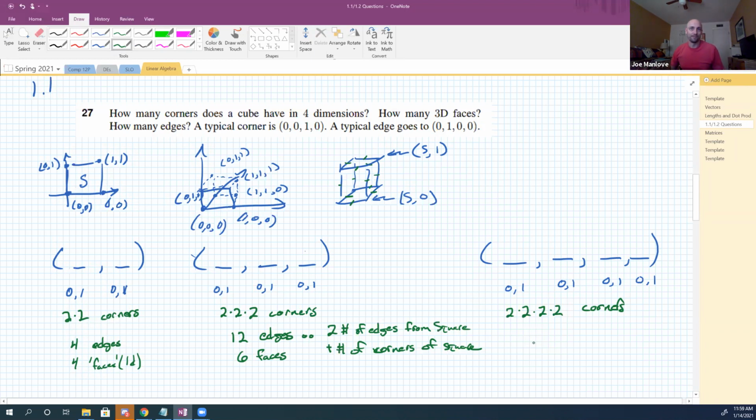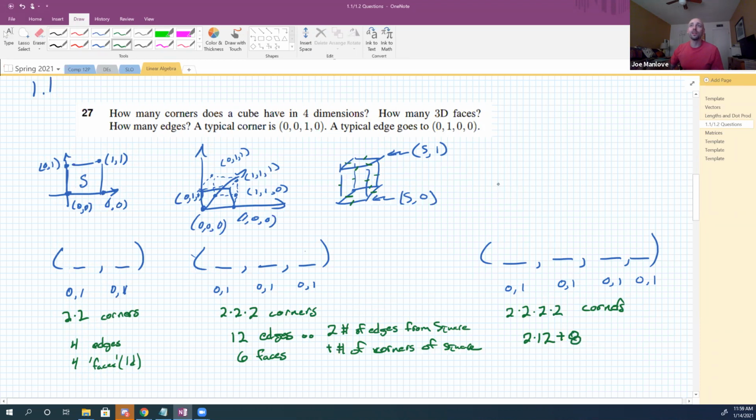Yeah, it had 12. So I think we're going to have 2 times 12 plus, and then I need the number of corners. How many corners did it have? Not 6. 8. There we go. So I think it's going to have 2 times 12 plus 8.